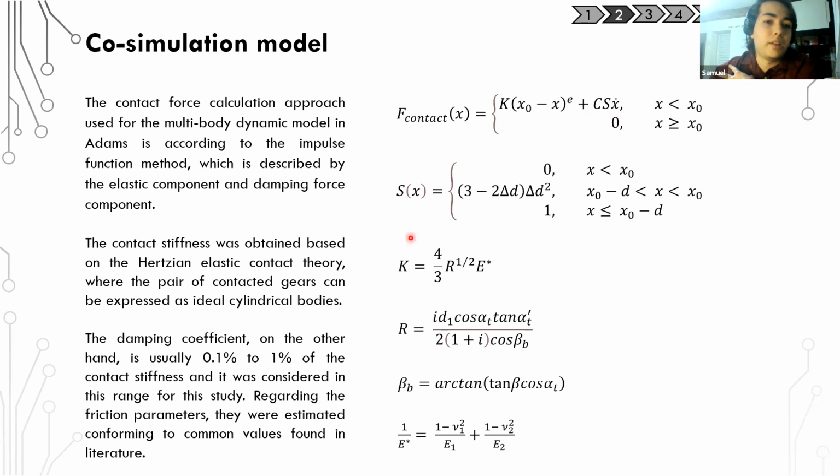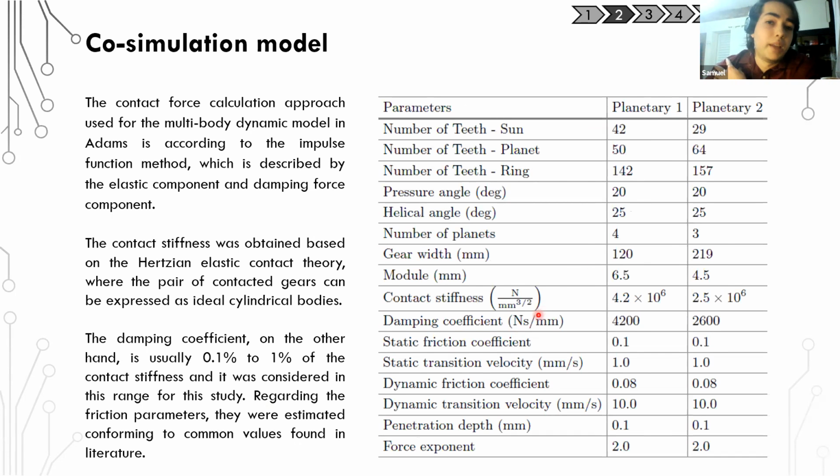We also have the contact stiffness, which was obtained based on the Hertzian elastic contact theory, where the pair of contact gears can be estimated as cylindrical bodies. And the damping coefficient used in this study was around 0.1% of the contact stiffness. And also we have the friction parameters over here.